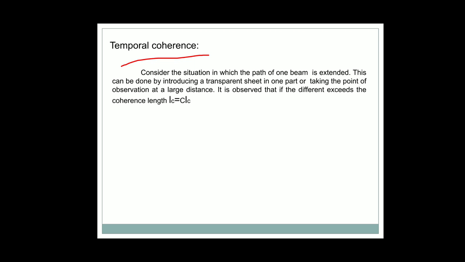This can be done by introducing a transparent sheet like mica or plastic paper in one path, taking the point of observation at a large distance. It is observed that if the path difference exceeds the coherence length, Lc equal to c into tc, then the interference fringes lose sharpness and contrast. Now we say that the beam lacks temporal coherence.